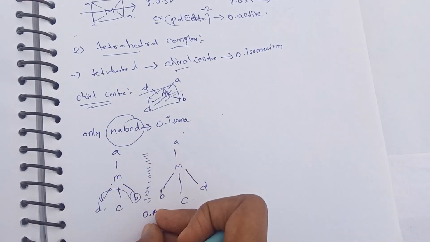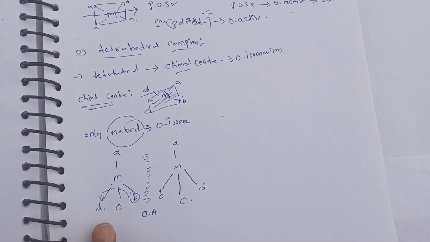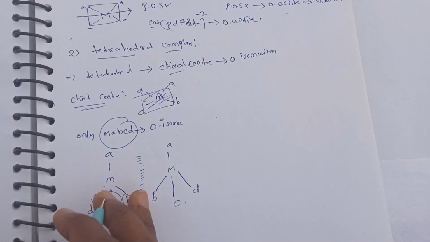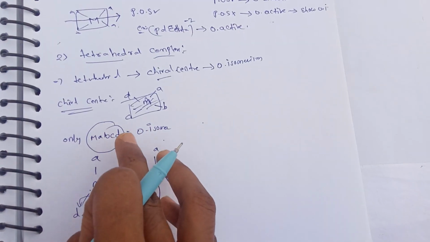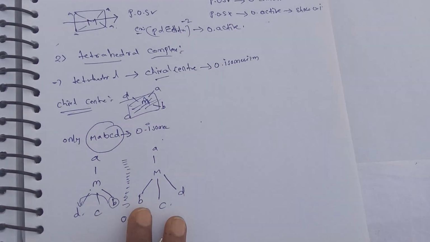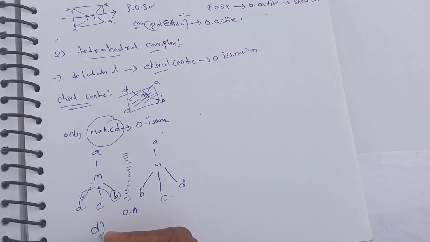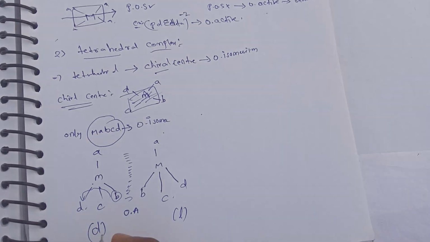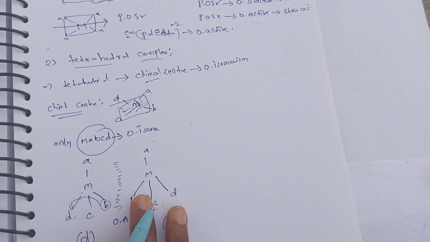So non-superimposable. So this is optically active. This shows only tetrahedral complexes. These complexes, that means MABCD complexes, can show the optical isomerism. This is the example for this, and this is D and this is L, dextro and levo. So this is the example for tetrahedral complexes.